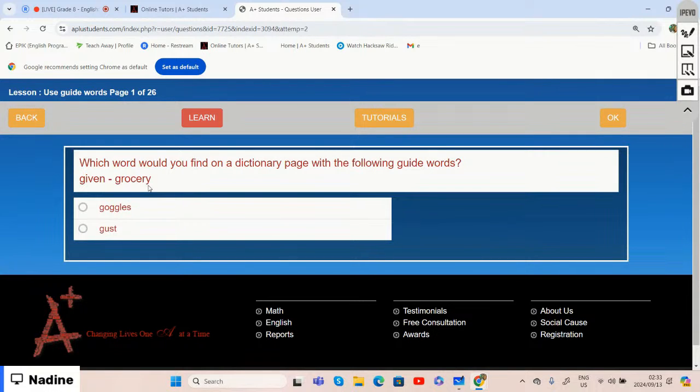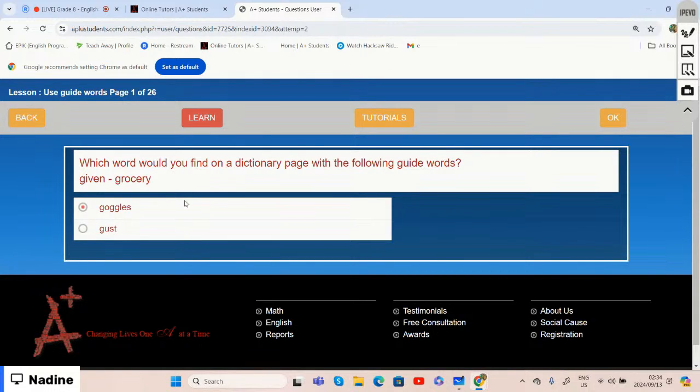All right, and the word that we will find between given and grocery will be goggles, right?